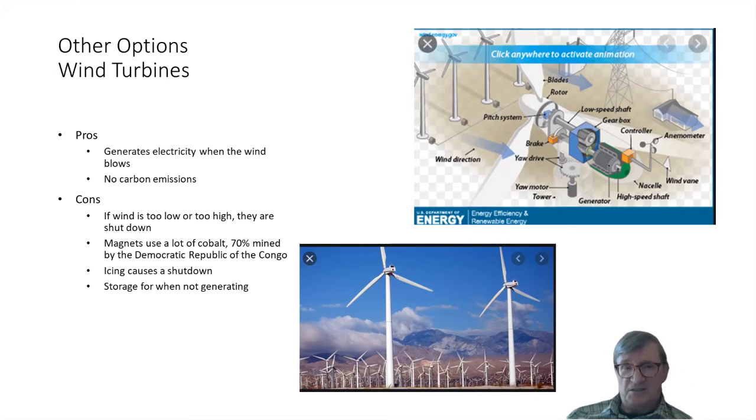Also, about 75% of the cobalt in the magnets they use is mined in the Democratic Republic of the Congo. Back in the 70s and 80s, we had blood diamonds. Now I guess we have blood cobalt. The Texas outage recently showed that icing can cause severe issues with them.